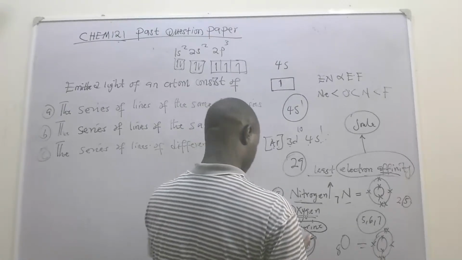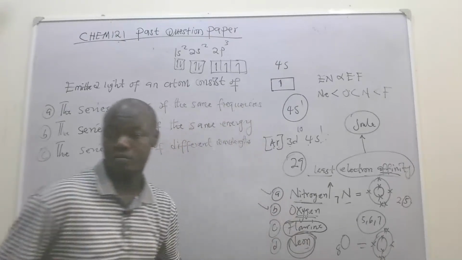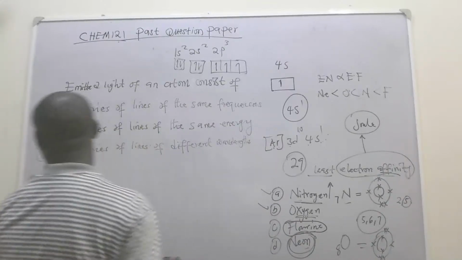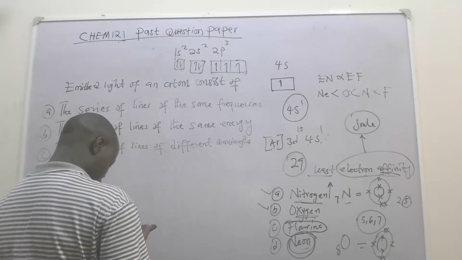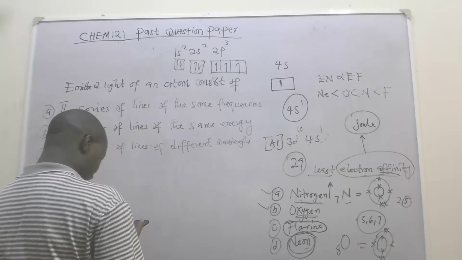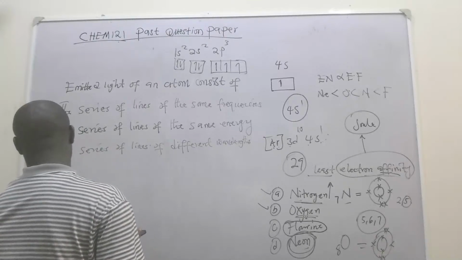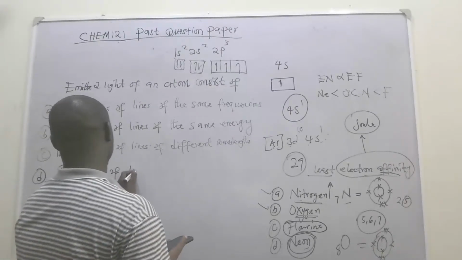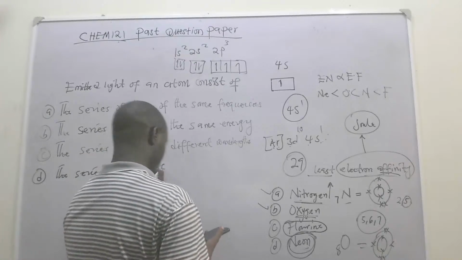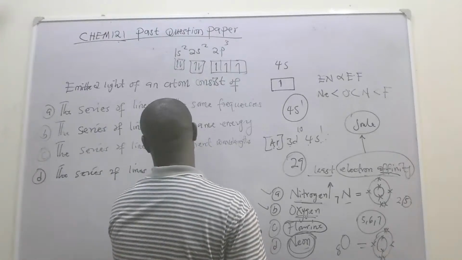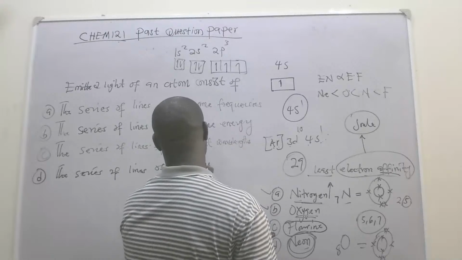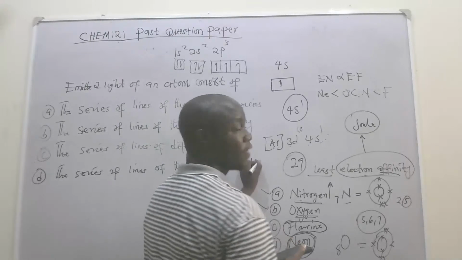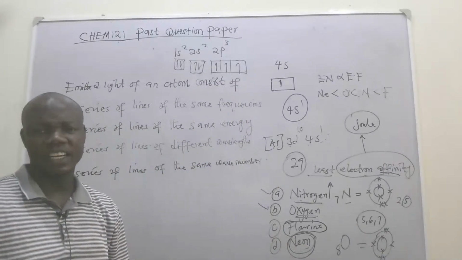Then option D, the series of lines of the same wave number. Ladies and gentlemen, which one is the correct answer?